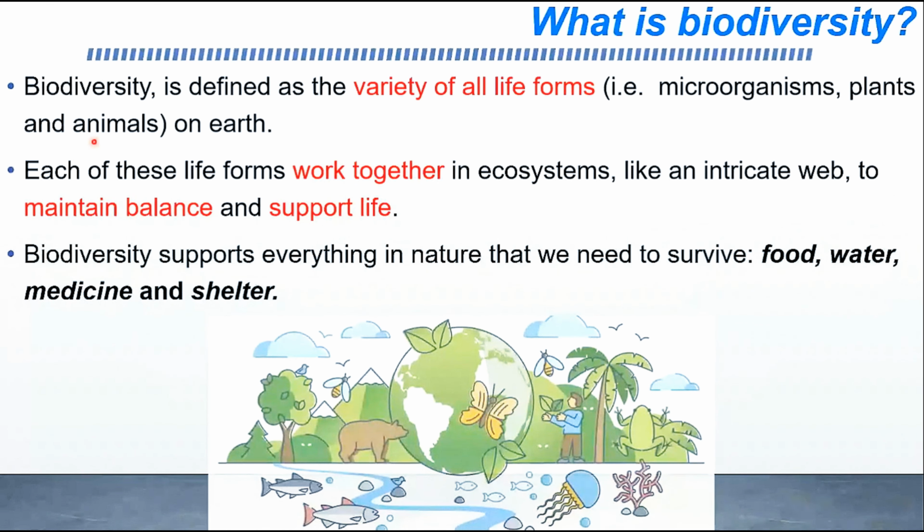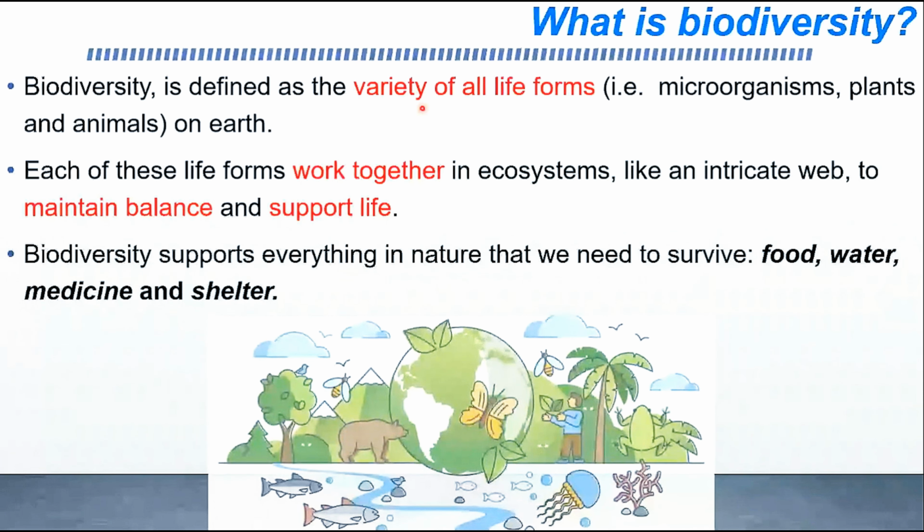So in animals also we have a lot of diversity, starting from animals which are unicellular to animals which are multicellular. Animals which live on the land, animals which live in water, animals which live in marine water, animals which live in fresh water. So there is a huge diversity of animals, plants, and microorganisms that you find on earth.